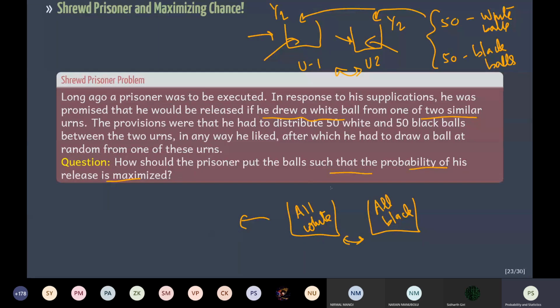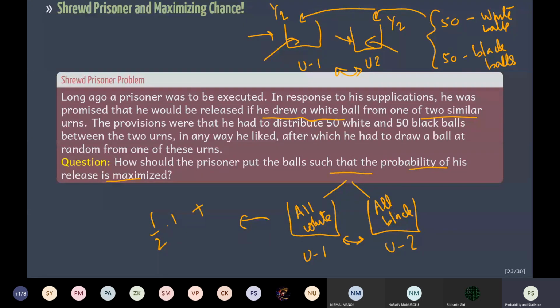There are two choices. If he ends up choosing the all-white urn, the probability of choosing urn 1 is half, and urn 2 is half. If he lands in urn 1, it is half times 1, since it is all white.